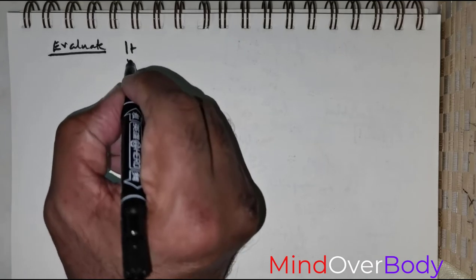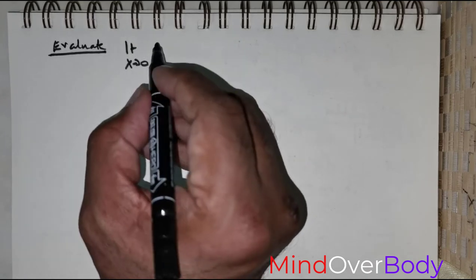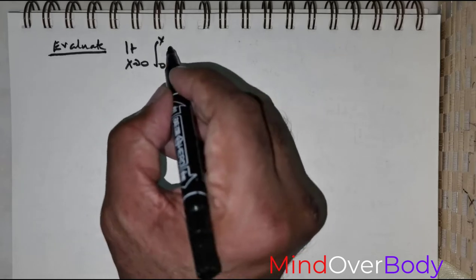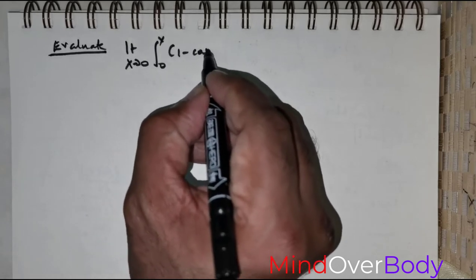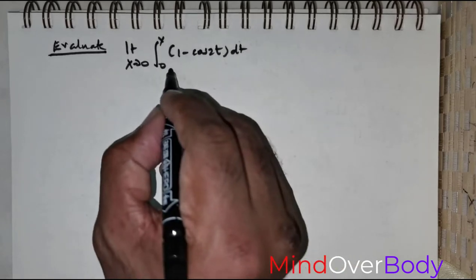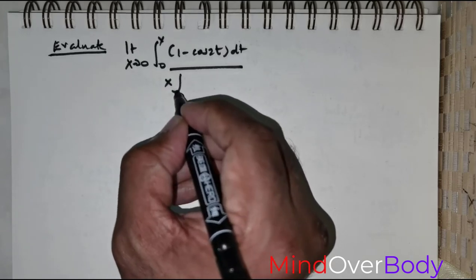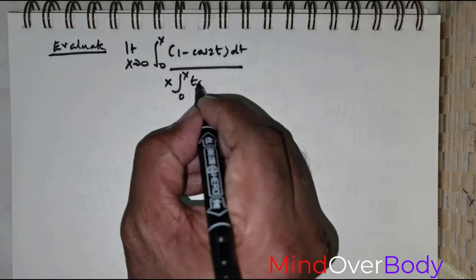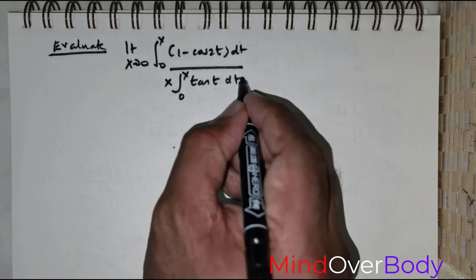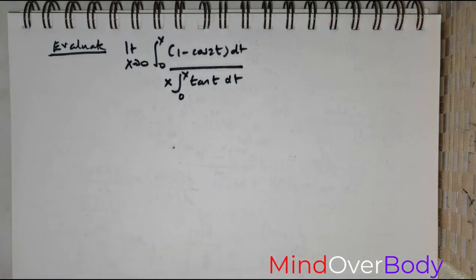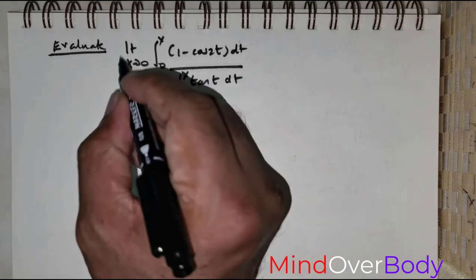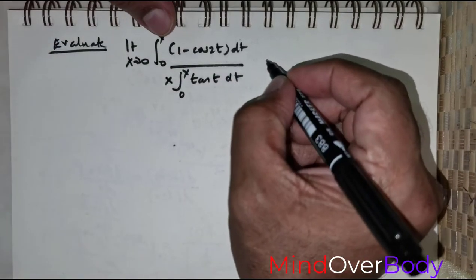Students, we are expected to evaluate the following question: limit x tending to 0 of integral 0 to x of 1 negative cos 2t times dt, divided by x times integral 0 to x tan t dt. Now, since we are given a limit, we would have to apply the limit.